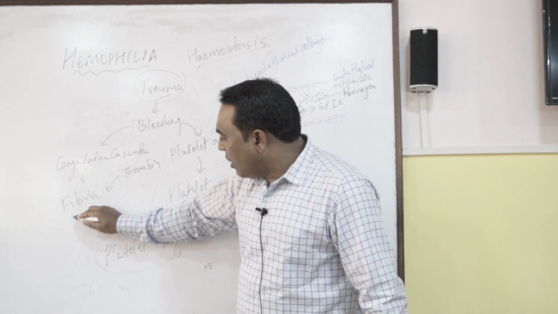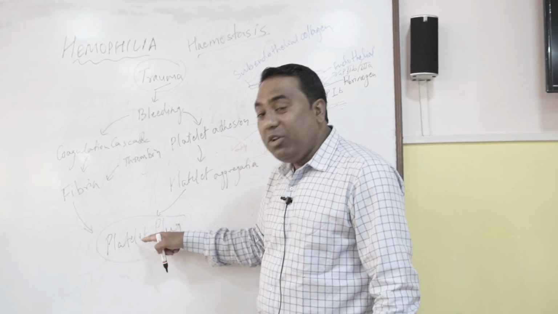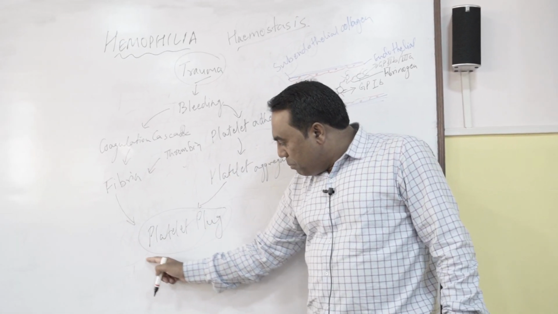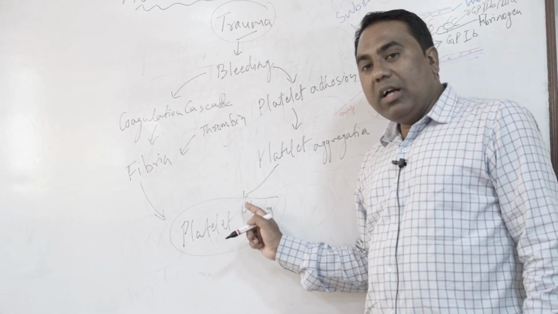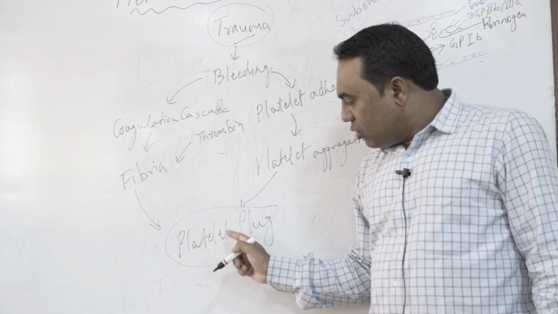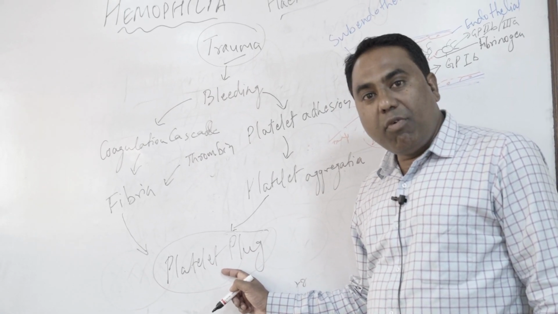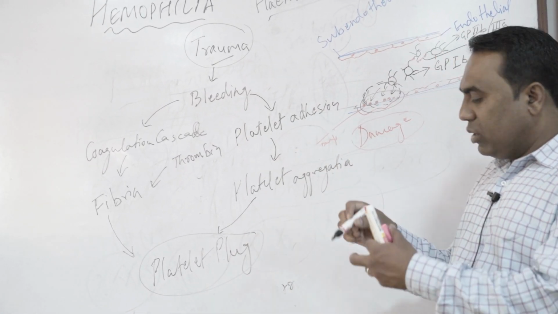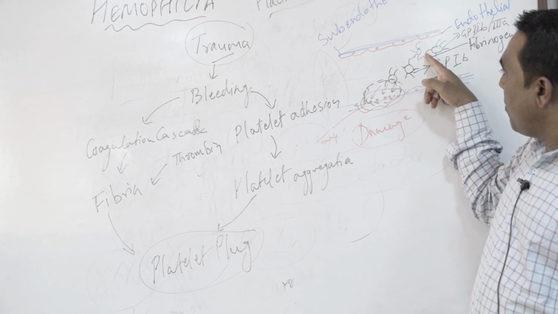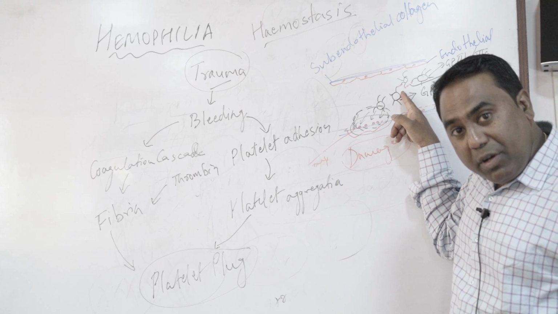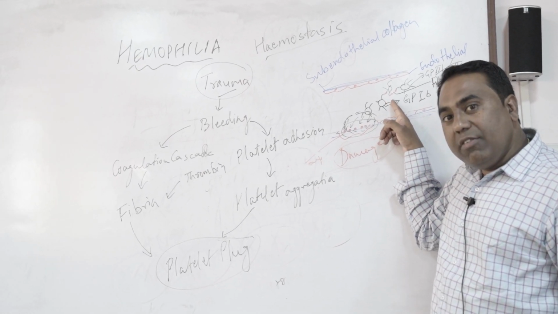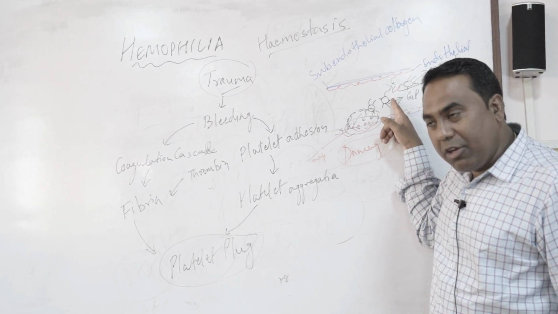Now this fibrin, once it is formed, is going to make this unstable platelet plug into a stable platelet plug. This stable platelet plug will be formed only when the fibrinogen, as I have discussed already, these red marks which are linking these platelets, all right, remains as fibrinogen, which is the inactive part of the fibrin molecule.